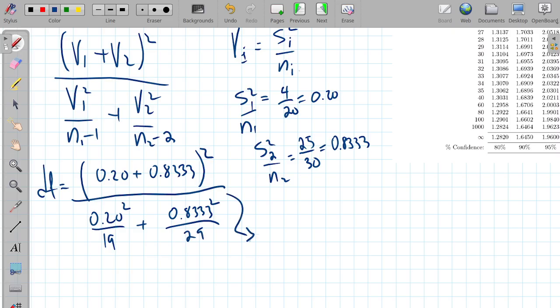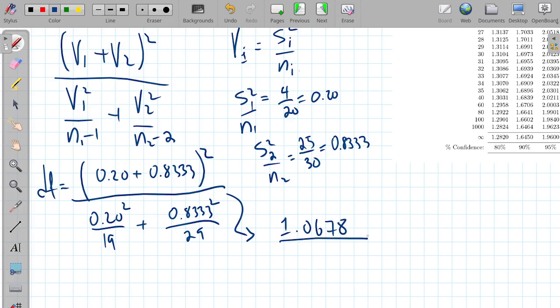Okay, so let's figure that top part out. And what do we get? The numerator is 1.06 and a whole bunch of 7s, so we'll round it to that.